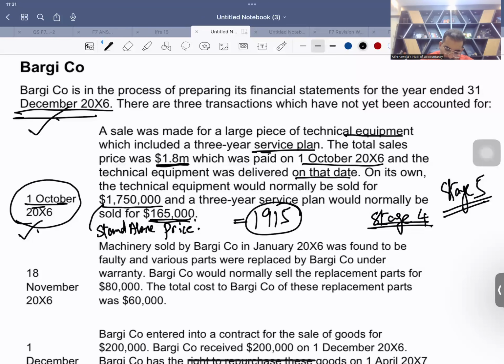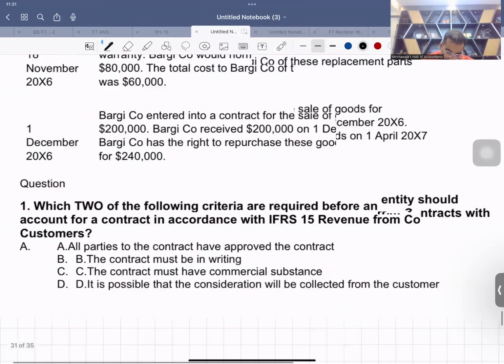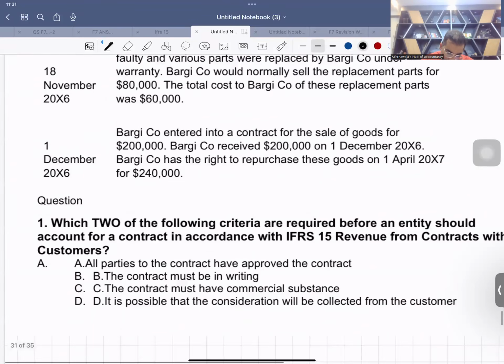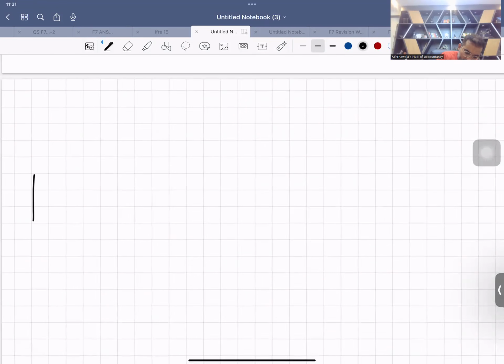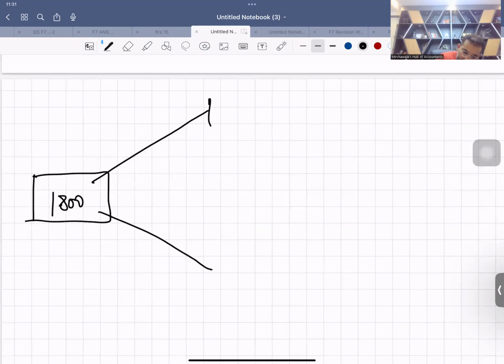Let me show you the working now. See this. In my class, I used to teach like this. It's 1.8 million, or 1800, for the total price. And in return, you have given two things. The first is equipment, with a standalone price of 1750.